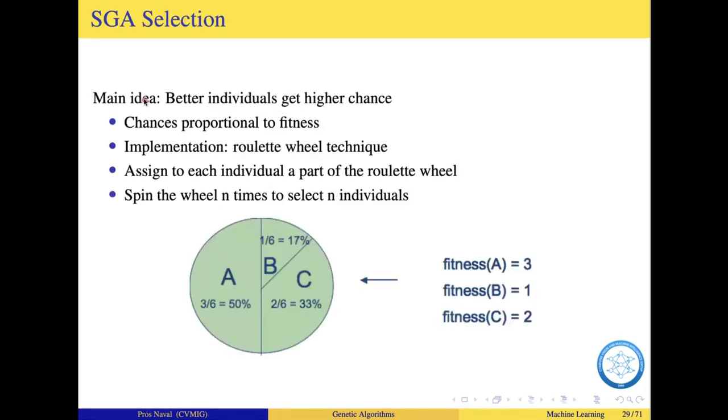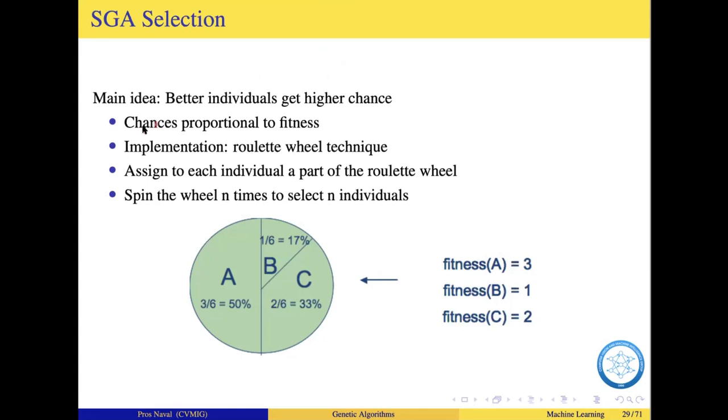Now let's come to the selection part. The main idea here is to make the individuals with better or higher fitnesses have a higher chance of being selected.